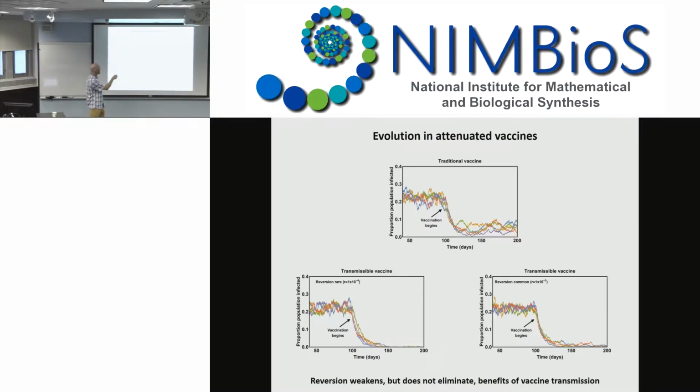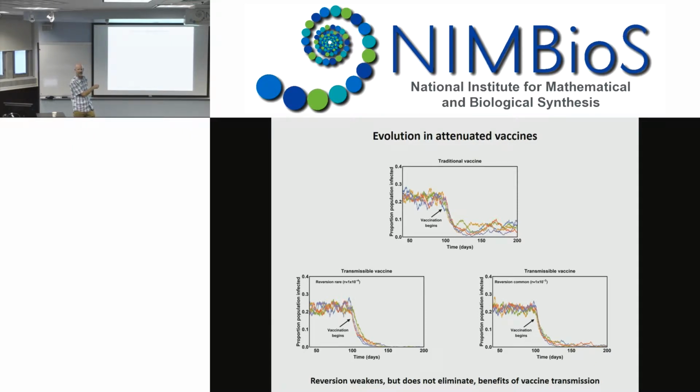Our infectious disease is at its endemic equilibrium, infecting about 23% of the population. Here we start vaccinating, and I've set this case up so that you cannot eradicate that infectious disease with a traditional vaccine. So when we start vaccinating we drop its incidence within the population, but it's still there at lower levels.